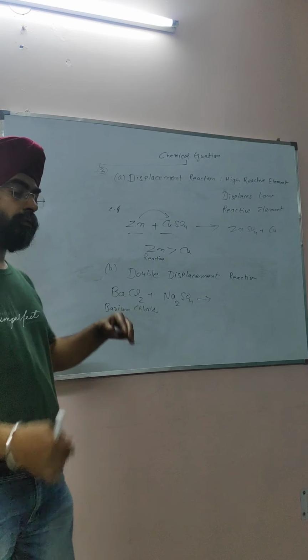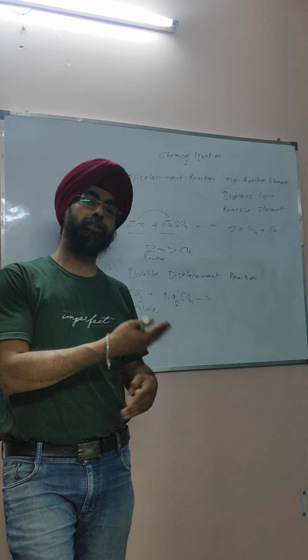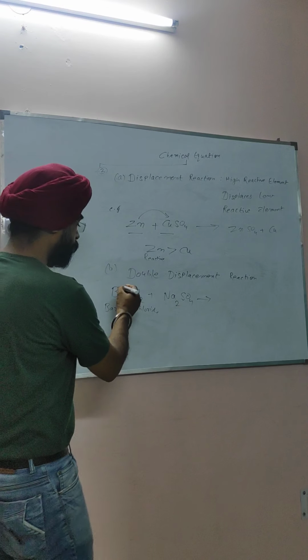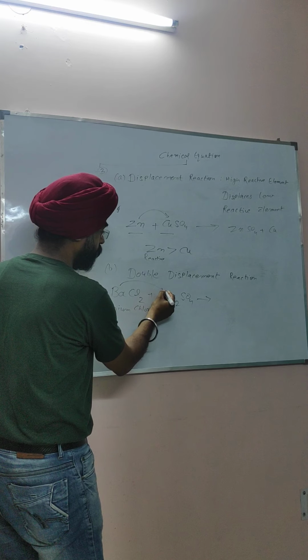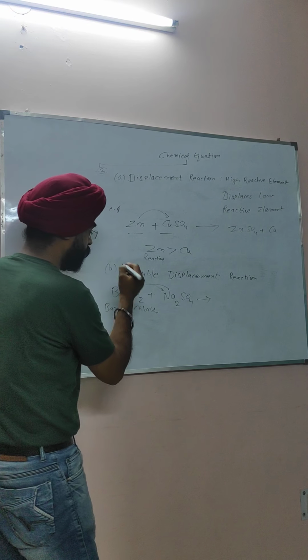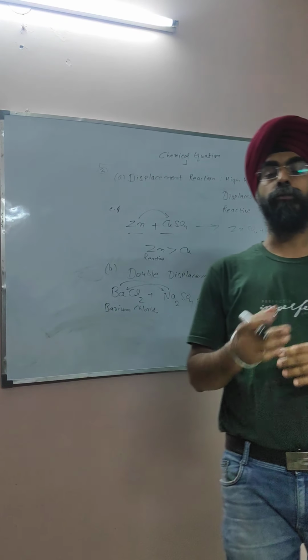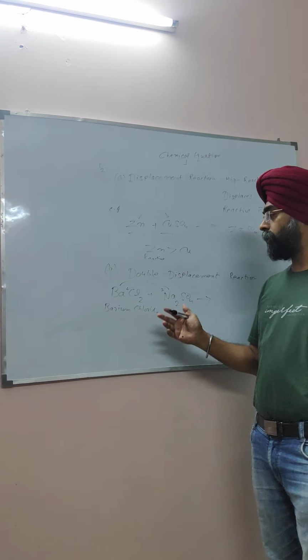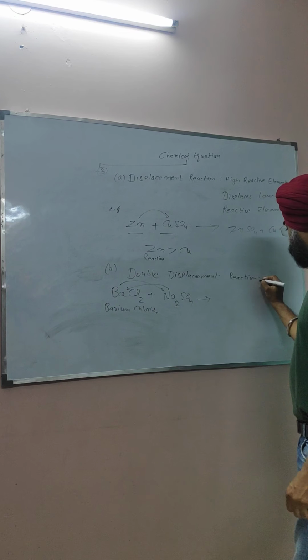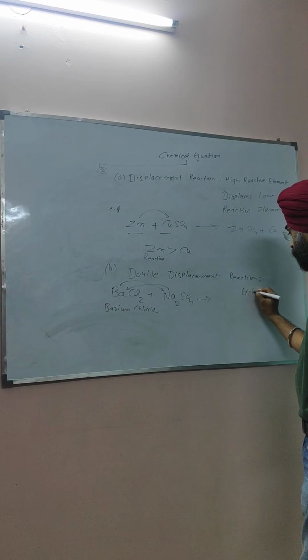It is simple: the ions are going to exchange themselves. Barium will come in the place of sodium and sodium will come at the place of barium. Both will change their places together.